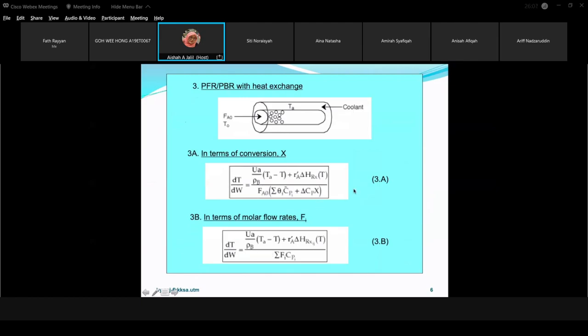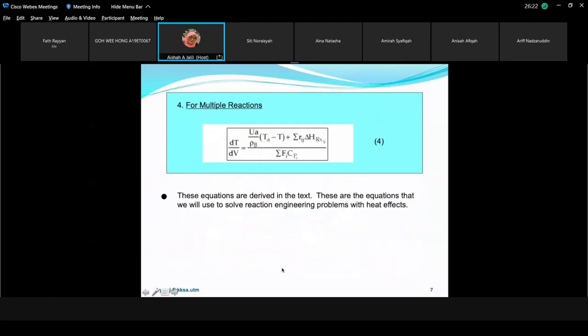It is similar to the previous one, but you calculate in terms of X or in terms of something other than X, which is in terms of flow rate. So these equations are derived in the text. These are the equations that we use to solve reaction engineering problems with heat effects.